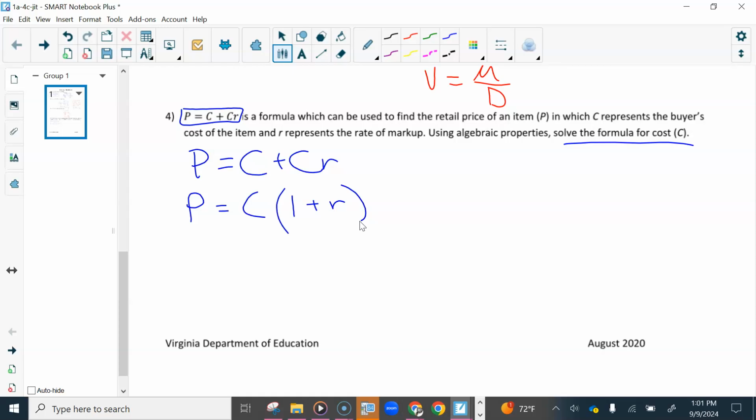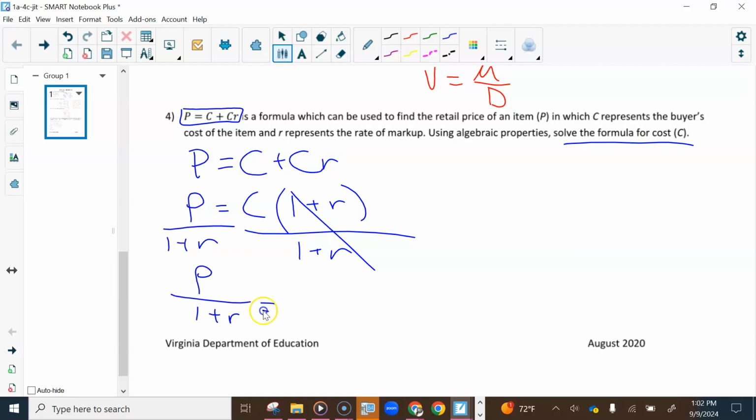Then I could divide both sides by what's inside the parentheses. So that P over 1 plus R equals C. Any questions on that one?